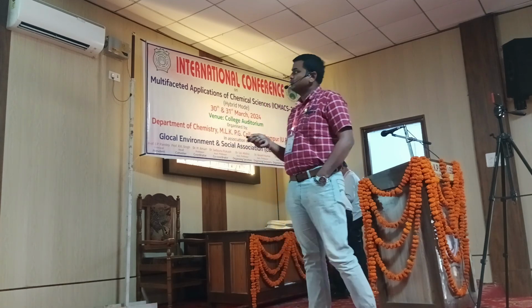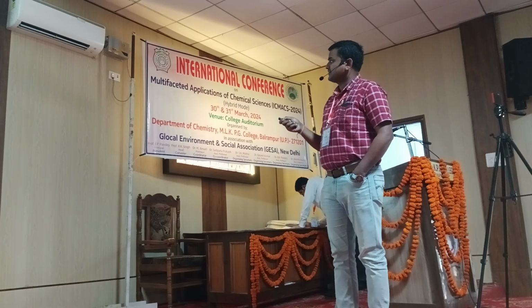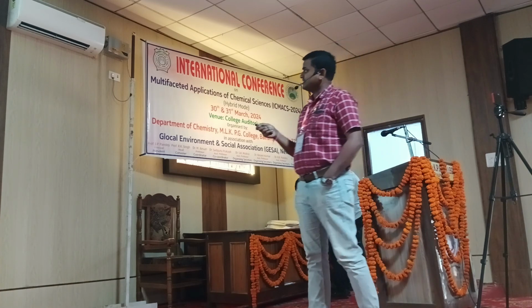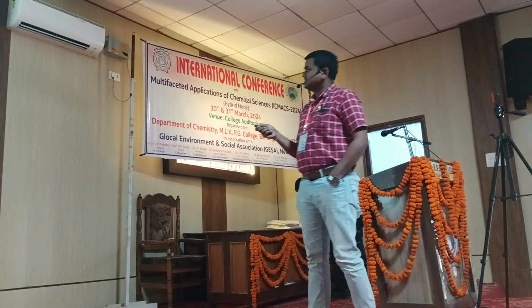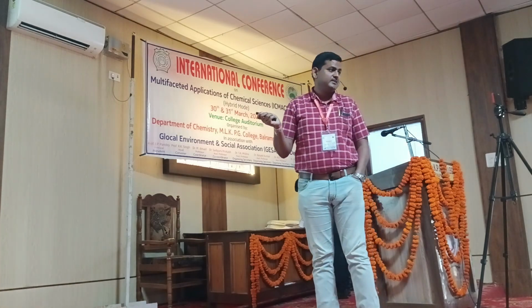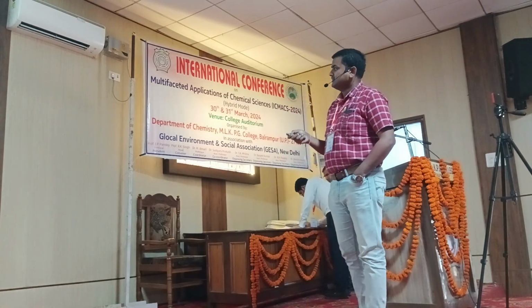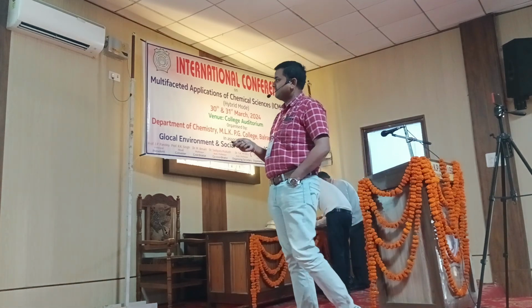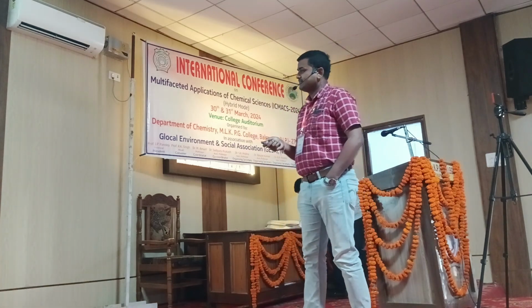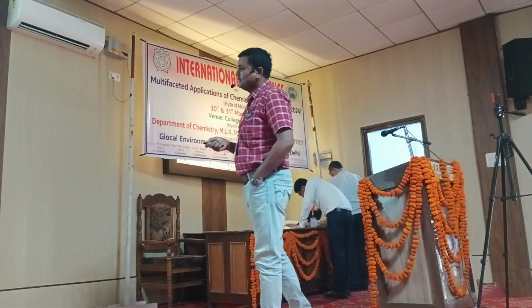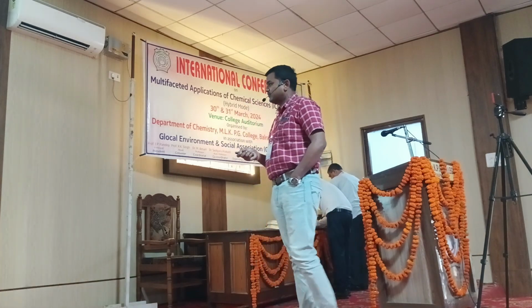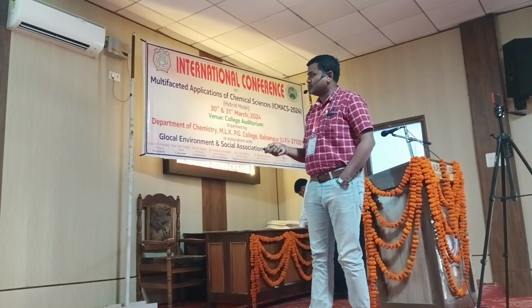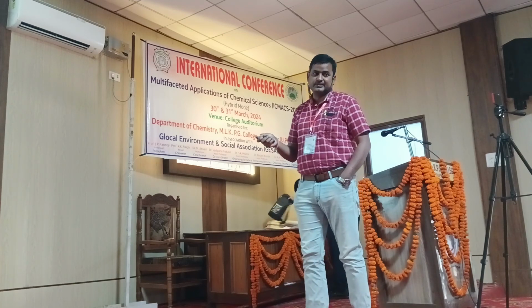We have found two bands, the graphitic band and the disordered band, in the Raman spectra, which confirms the graphitic nature of the graphene quantum dots. And in the XRD spectrum at 2 theta, we have found a broad peak at 23.8, which corresponds to the interlayer spacing of 0.35, correlated with the HRTEM analysis.